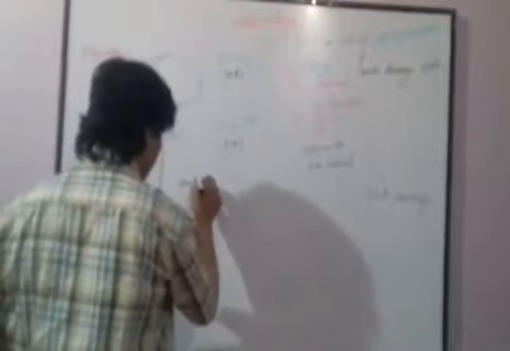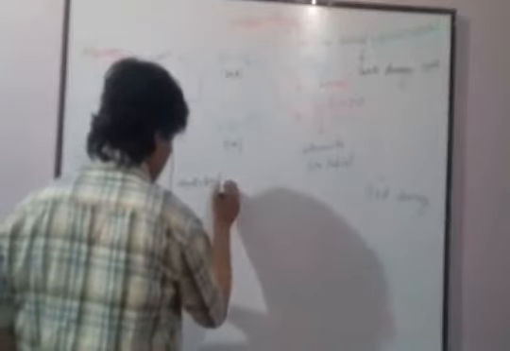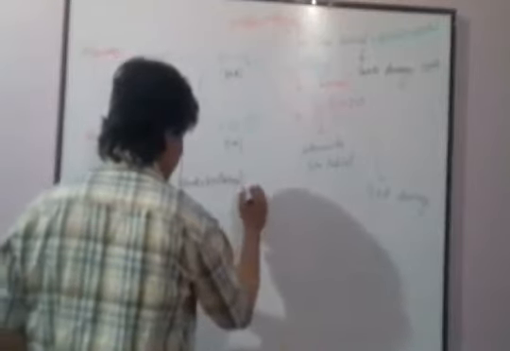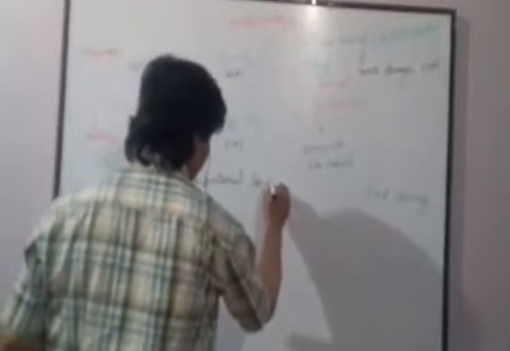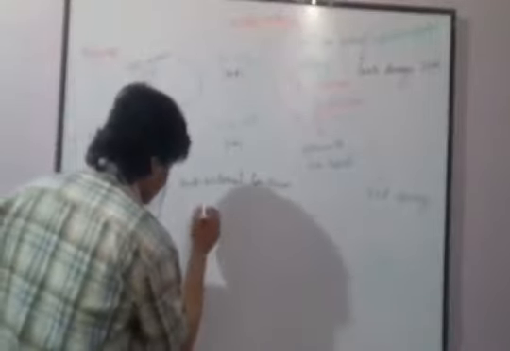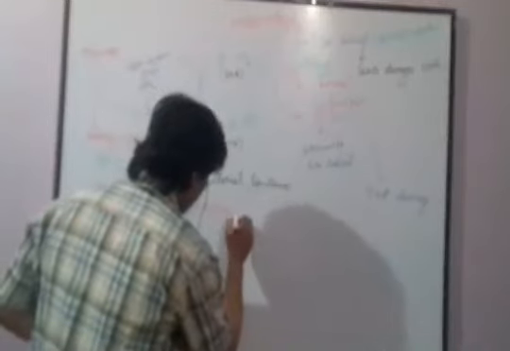Now if we talk about the antibacterial spectrum, these drugs will be active against Fusobacterium species and Clostridium species.